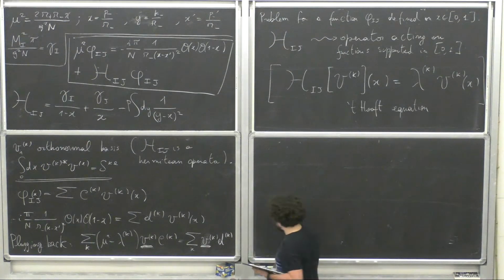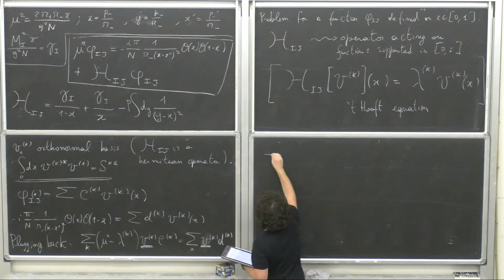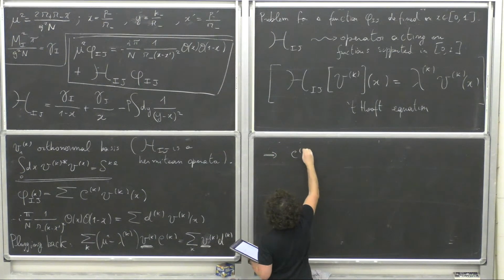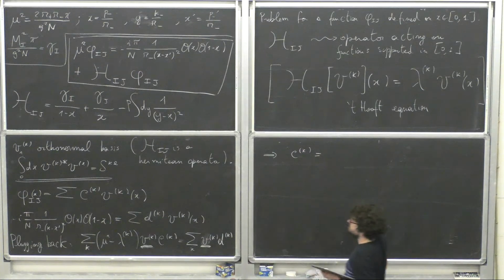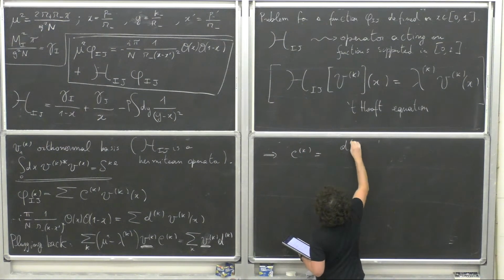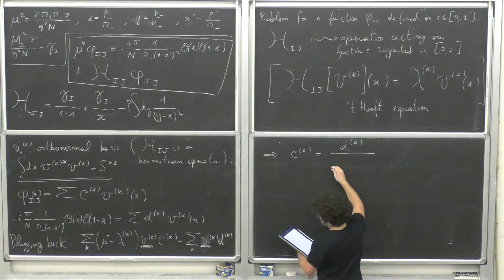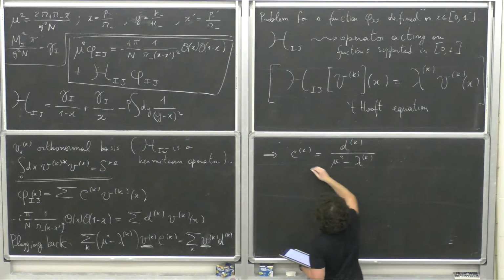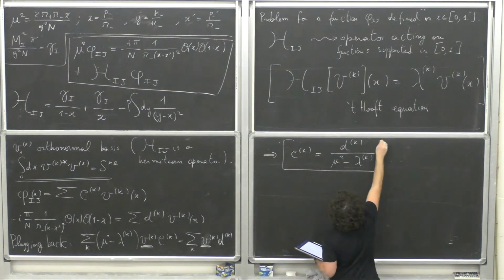So by doing that, you find that your function phi is expanded in the orthonormal basis with coefficients that satisfy this equation.